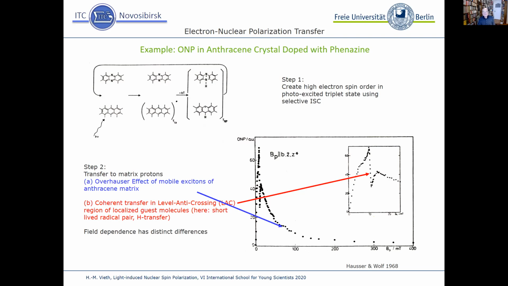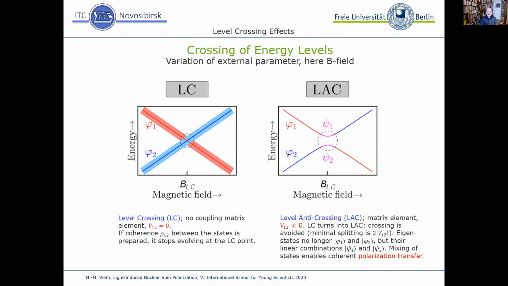A proton of the anthracene is transferred after light absorption to the phenazine. And this radical pair has a spin Hamiltonian where we have a level anti-crossing. And this is shown here in this slide.